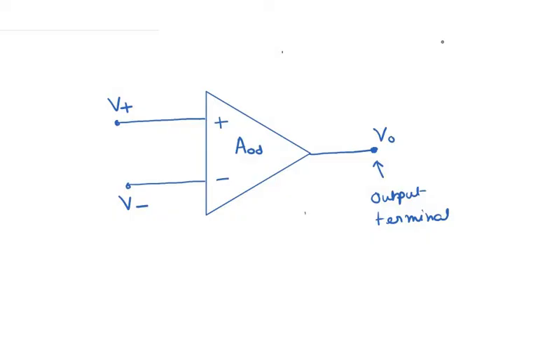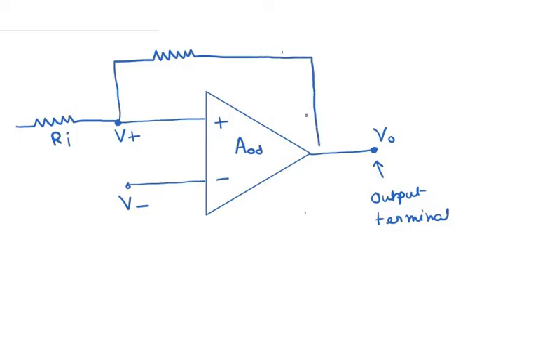So closed loop configuration is where the output and at least one of the inputs are connected via an external impedance. Consider this circuit: we have this resistor Ri connected to the non-inverting terminal, and this resistor Rf connected to the output.